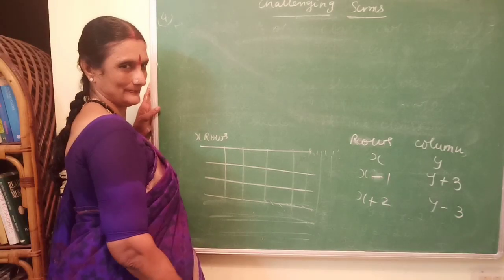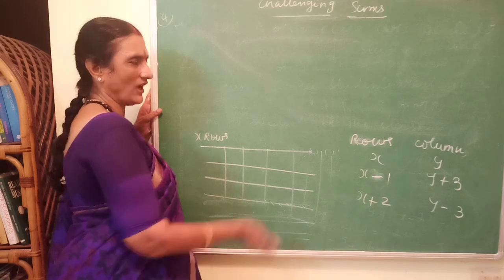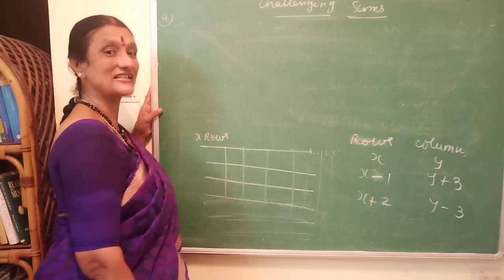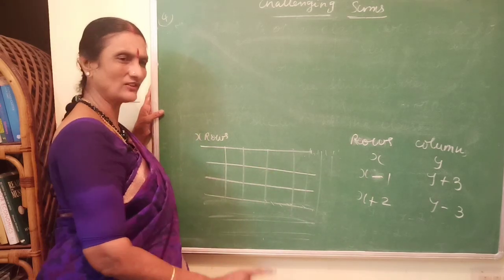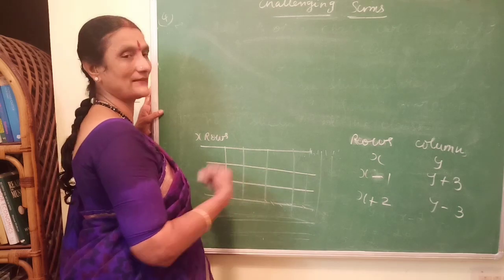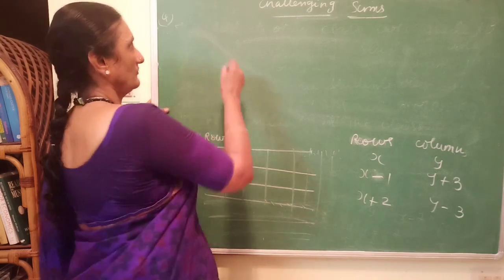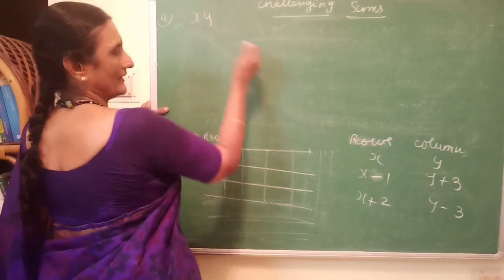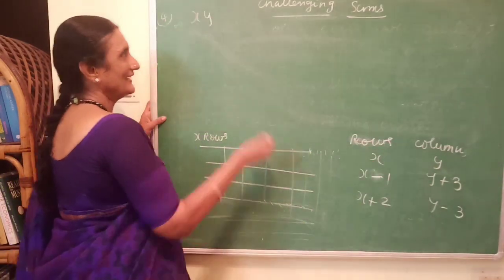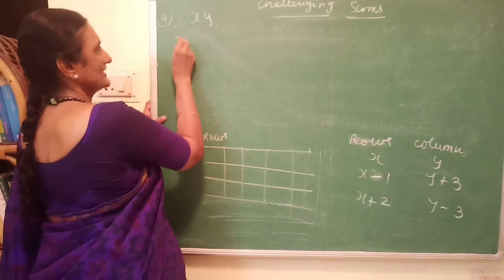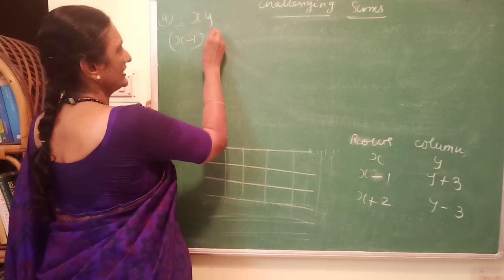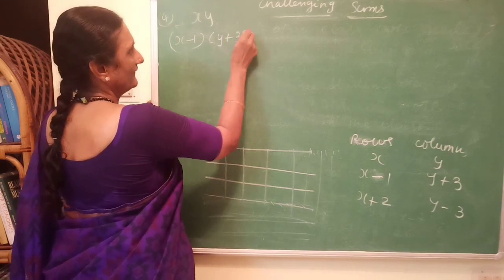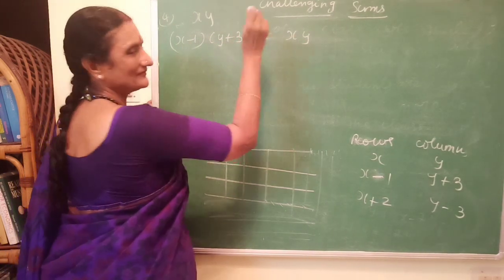Now we will continue. Now tell me, in all the 3 situations, which quantity is the same? The number of children in the class. The first arrangement is xy, rows into columns. The second arrangement is x minus 1 into y plus 3, that is equal to xy.